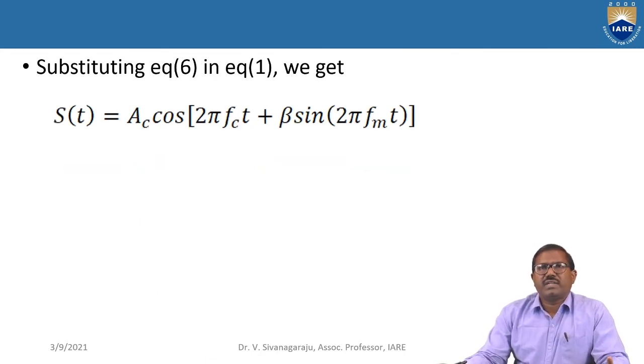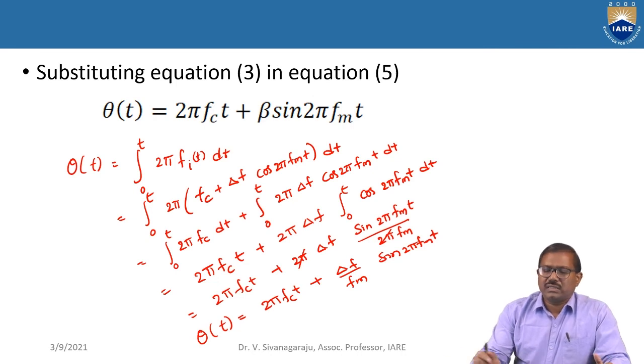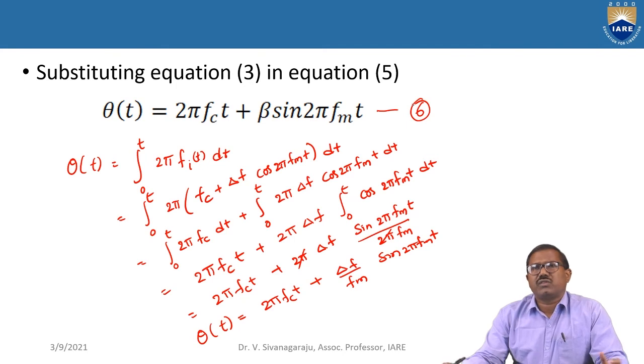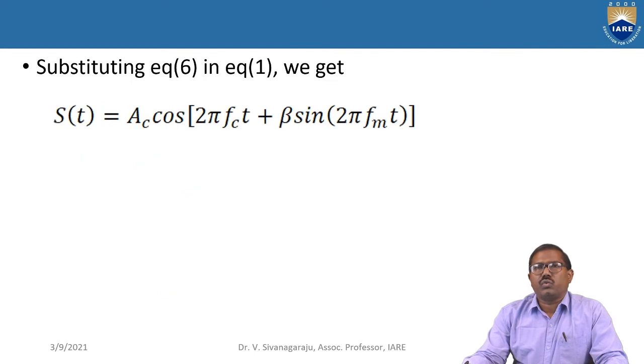Now substituting this equation 6 in equation 1. The sixth equation is this one. So you substitute this equation 6 in the first equation, and you get the final frequency modulated signal, that is S of t, which is equal to Ac into cos of 2 pi Fc t plus beta sine 2 pi Fm t.